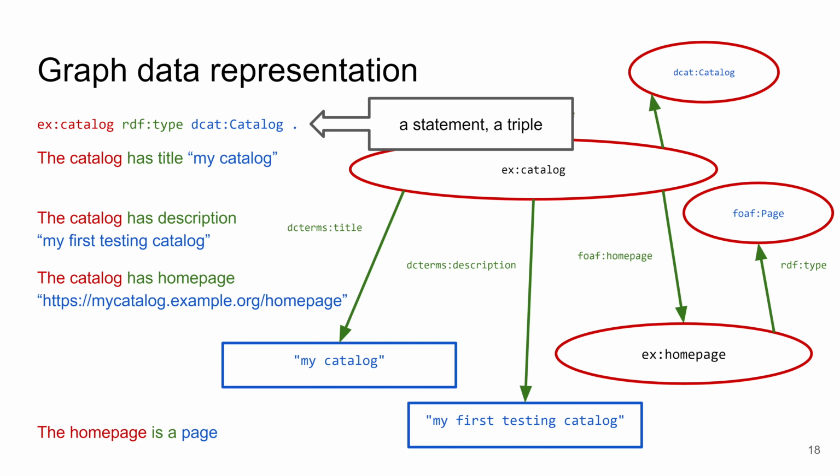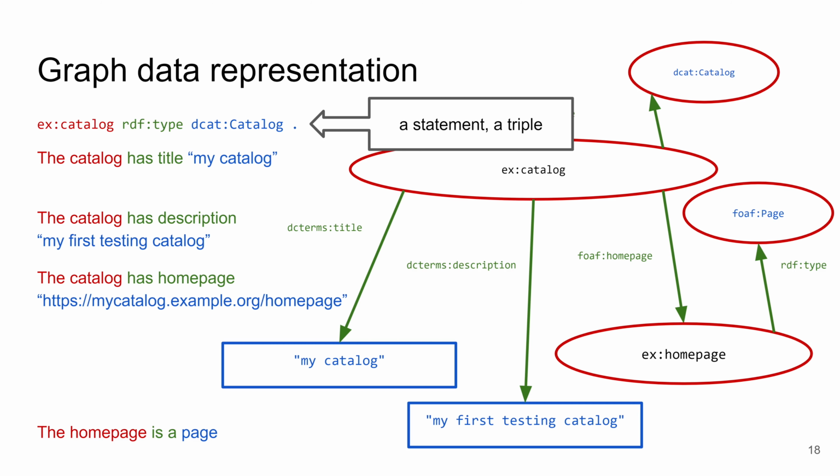And now that we have introduced the notion of a statement or a triple, we can rewrite the graph we see on the right side and use it to rewrite the sentences into something which already is an RDF serialization. So we will rewrite the sentences with what we see in the graph, and we'll use RDF triples for that.